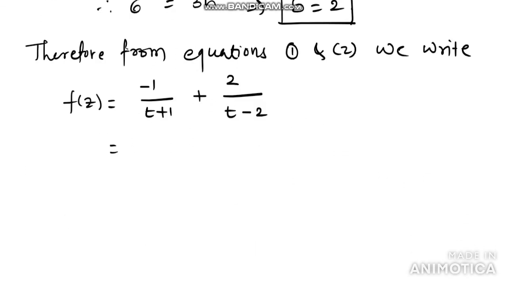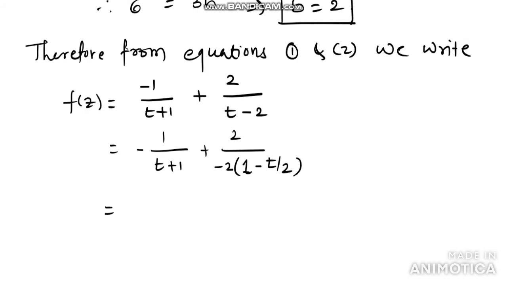Is it clear? Minus, this is nothing but 1 upon t plus 1. So let me take minus 2 common. So that will be 1 minus t by 2.